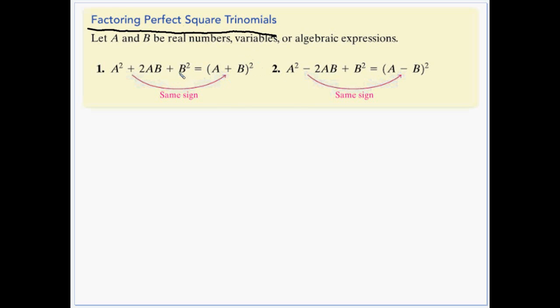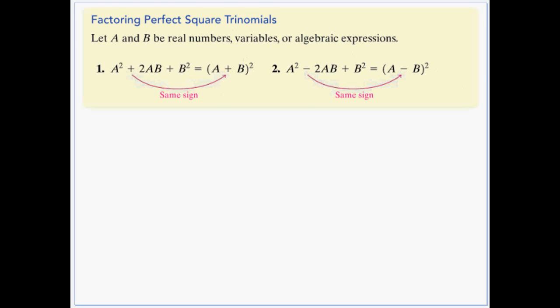So here, if we have a polynomial a squared plus 2ab plus b squared, we should be able to break that down into a plus b quantity squared. If we change this to a minus sign, our answer is going to be pretty close, but now it's just a minus b quantity squared.